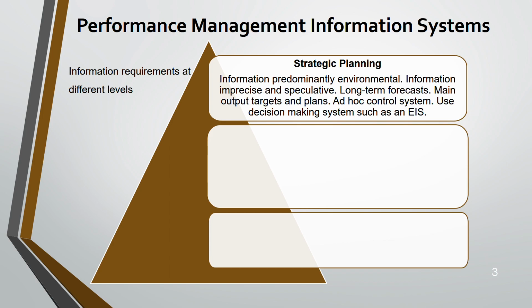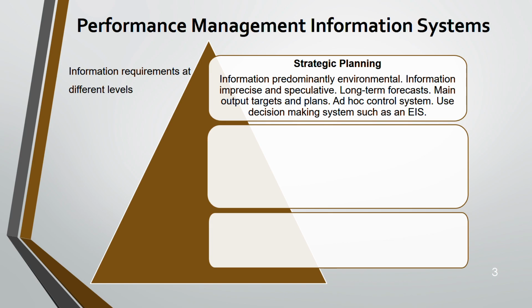So the highest level in an organization is the strategic level. That is the top level where strategic planning is done, the executives and all. Here information is not very frequent, it is long term focused, and it focuses on the output targets.